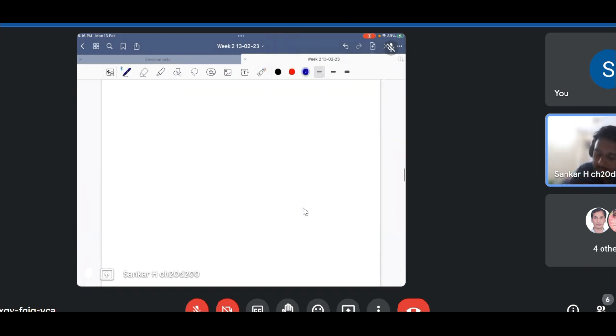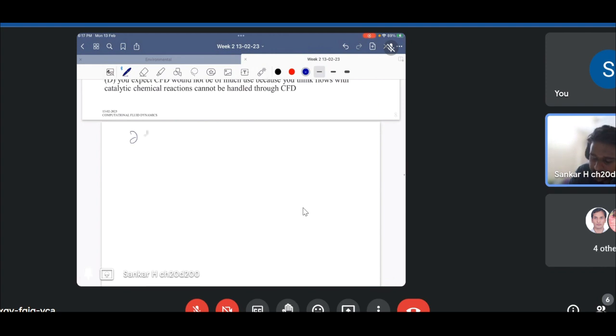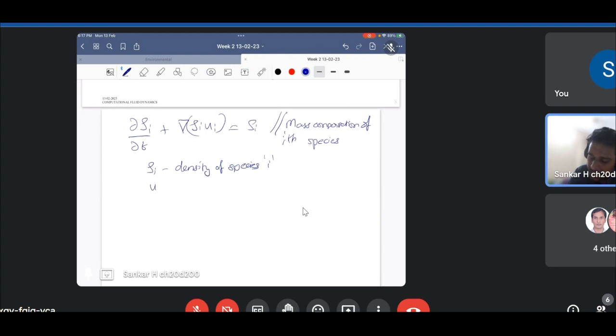When we write the mass balance or chemical reaction equation, we have to assume that ∂ρi/∂t + ∇·(ρi ui) = Si, where ρi is the density of the species, and this equation is for mass conservation of the ith species. ρi is the density of species i, ui is the velocity of species i, and Si would be the rate of the reaction.